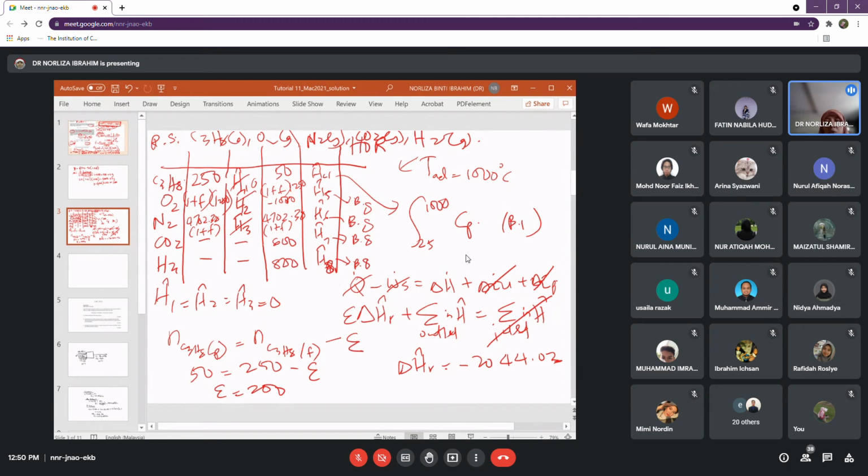This one you are showing only for one adiabatic temperature, 1000. Next you should put in all the values: the extent of reaction 200, the heat of reaction negative 2044. The outlet is here: 50 times H4, then H5, H6, H7, H8, and then you set it equal to 0.